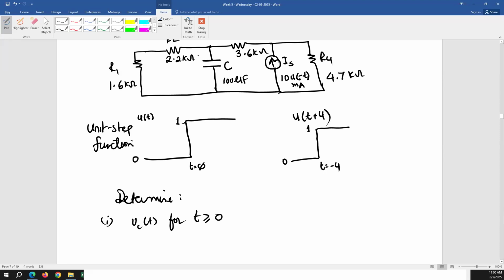I'm just going to write that down. vC, of course, is the voltage across the capacitor. Number 2, power in R1 at t equal to... I'm going to decide what time we calculate power based upon the time constant. So I'm going to leave it right now and come back to it.